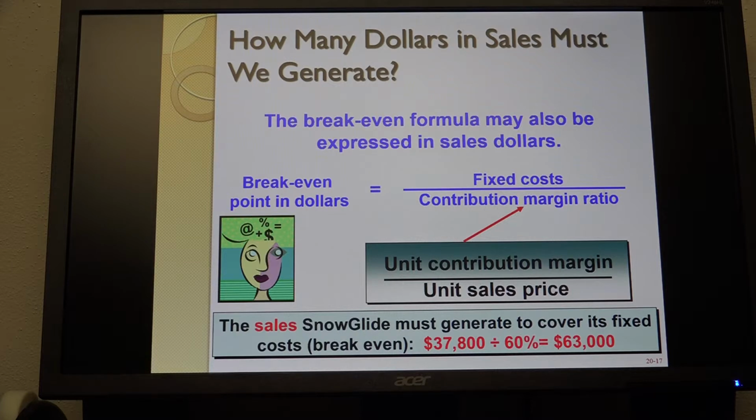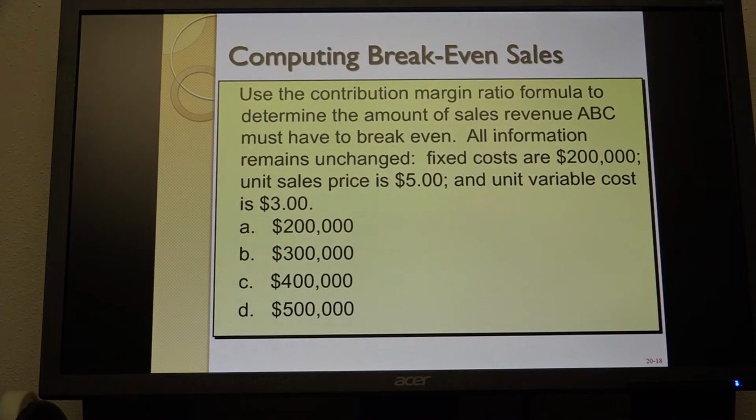Unit contribution margin was 54 and unit sales price was 90. So that's where you come up with that 60%. And then you divide that into the 37,800 to come up with your 63,000. There's a couple of different ways of doing this.